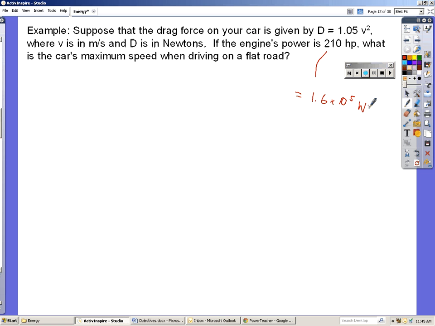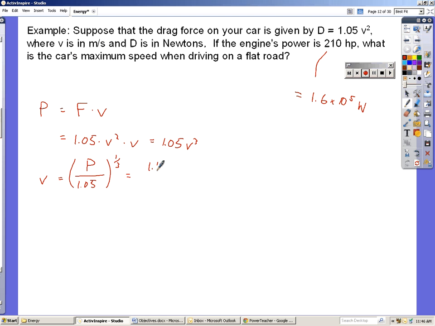So we have power equals force times velocity. Now the force that the engine needs to exert is equal to the drag force. So 1.05 times v squared times v again. So 1.05 v cubed. And so if we want to find the velocity, it's the power divided by 1.05 raised to the 1/3 power.